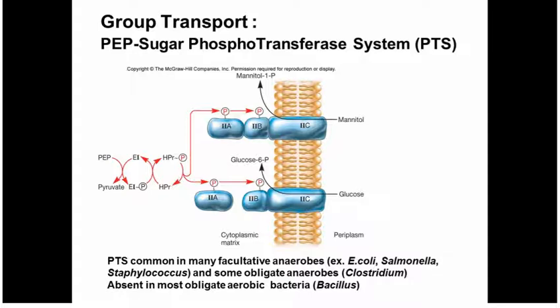So it's not such a big deal if you have to spend 2 at the beginning. Okay? So this is the important thing about group transport. It's complicated, but the bacteria that use this system really gain something in terms of their energy metabolism.